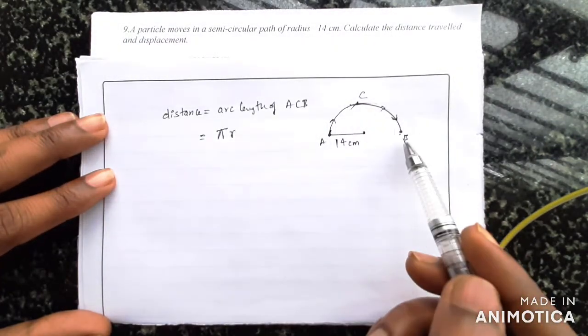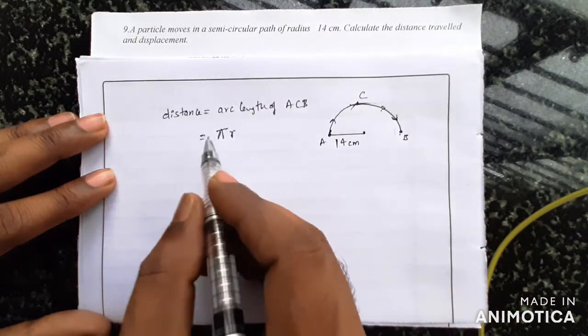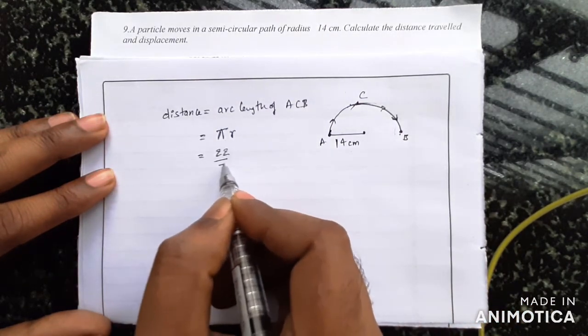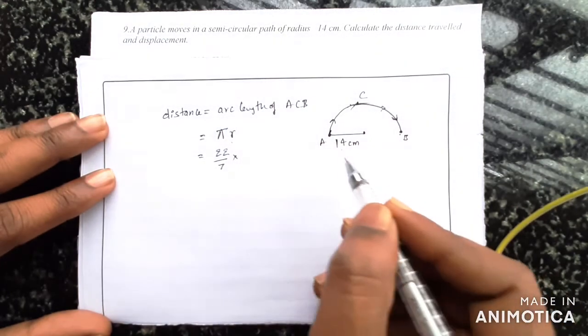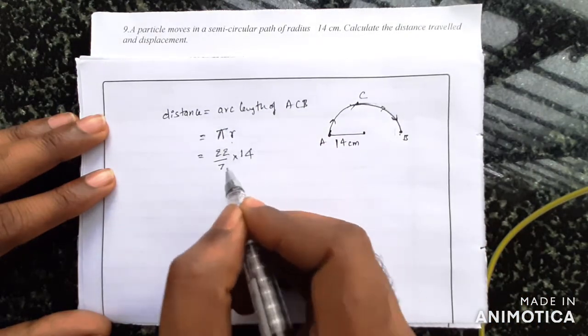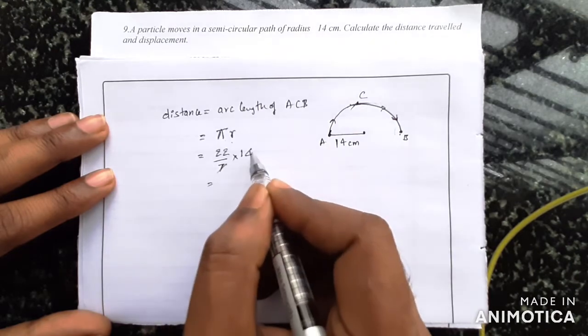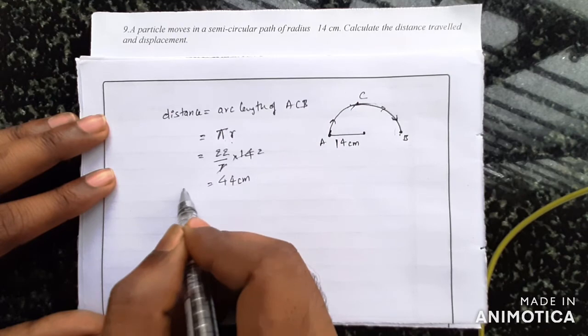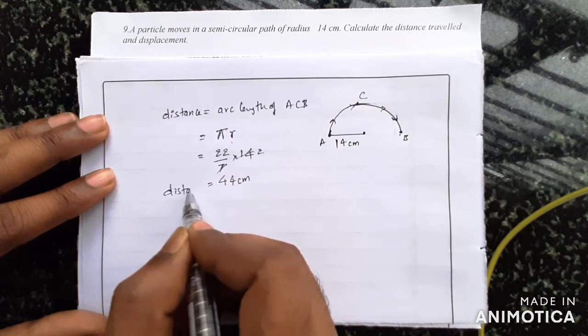Now it's a semicircle from here to here, so it is simply pi r. Pi is 22 by 7 into r, the radius, 14 centimeter, which is equal to 44 centimeter, the distance travelled by the body.